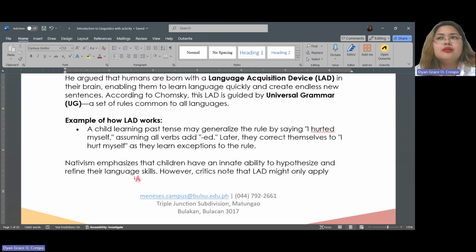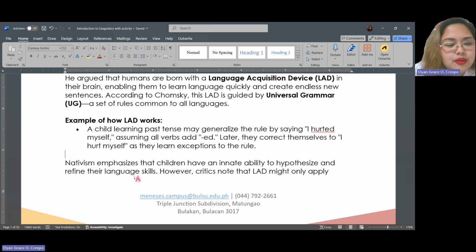Now, the question is, how will they learn? Because you said, Chomsky, that a child will learn the language because there is a person who's teaching them. But the problem is, even if it's innate in them, will they learn the language?